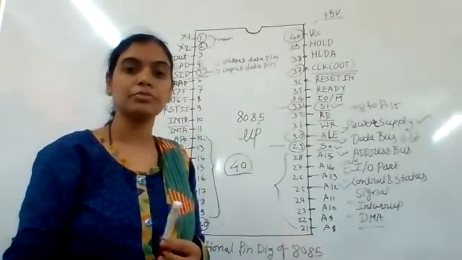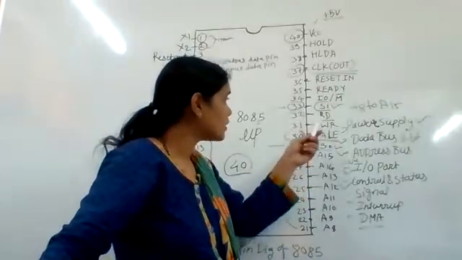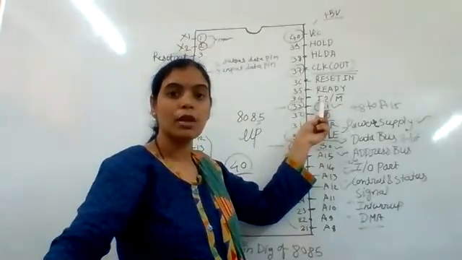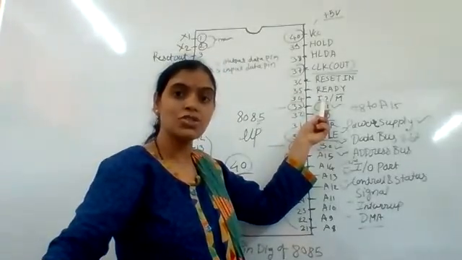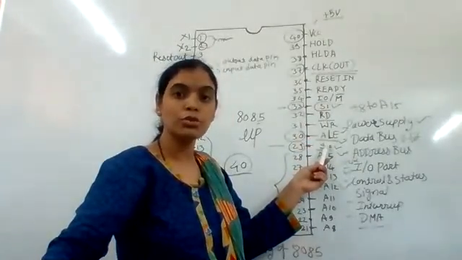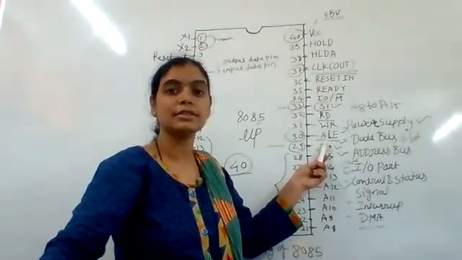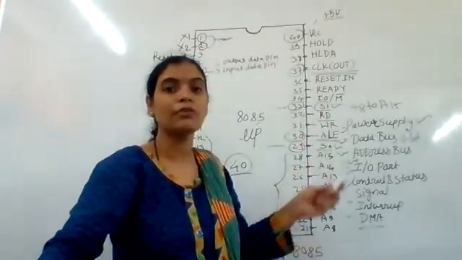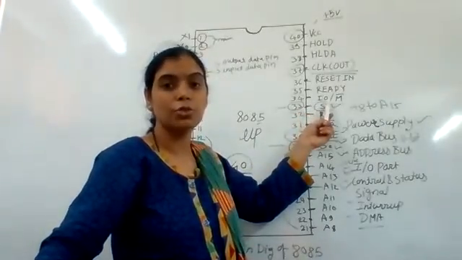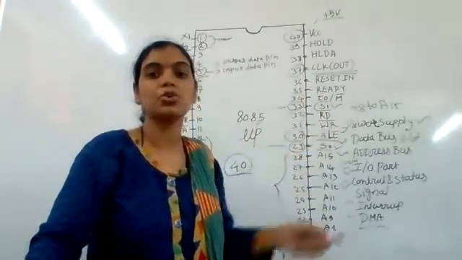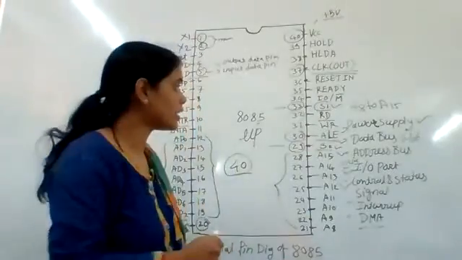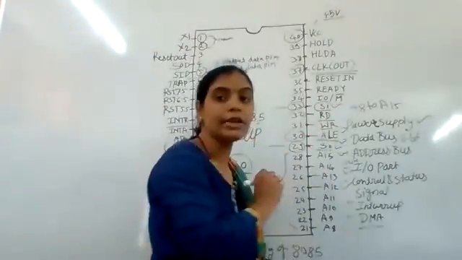See, when the input output signal, pin number 34, is low, that means 0, and S1 is also 0 and S0 is also 0, at that time the data bus status is halt. Now if IO/M is 0 or low, S1 is 0 and S0 is 1, that is a memory write operation.